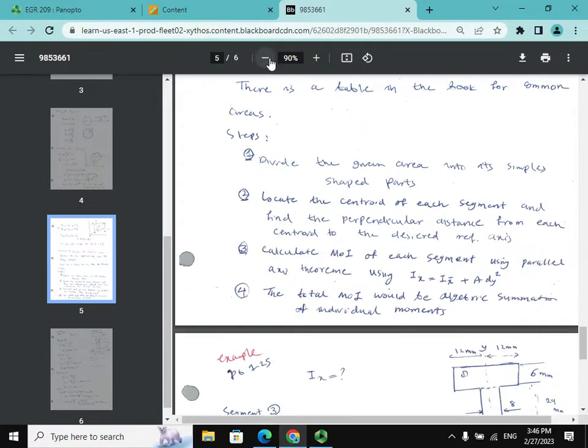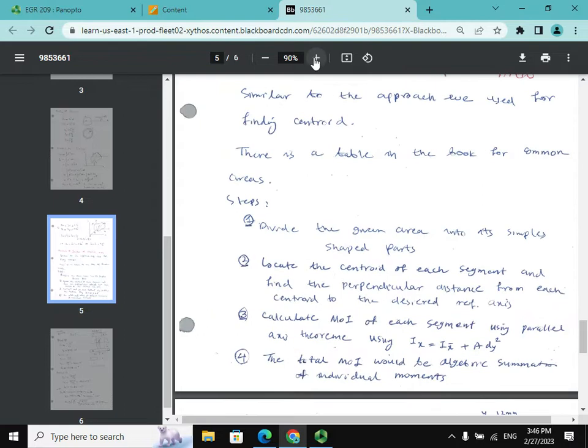So these are the steps. Let me read them for you, and then I'm going to follow them for that example I showed you. For composite shapes, this is what we have to do. At first, we divide the given area into its simple shape parts, common parts we are familiar with, like circles, rectangles, squares, or half circles.